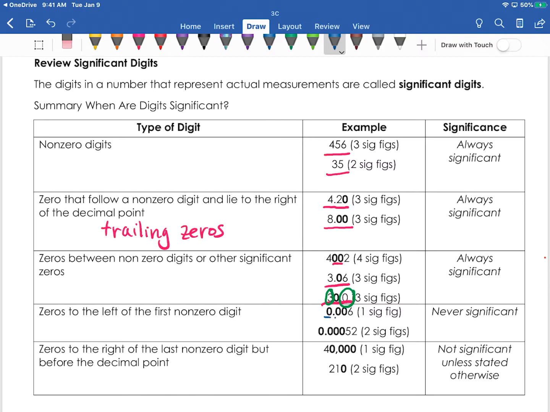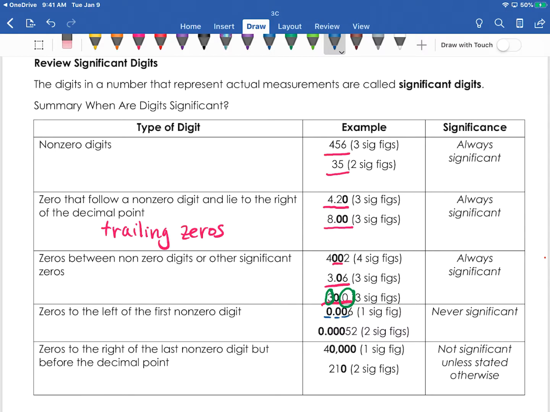These zeros right here that I just underlined in blue are not significant because it's to the left of a non-zero number, and it's the first non-zero digit. That 6 is the first non-zero digit. So anything to the left of that, if it's a 0, does not count. Those zeros do not fall between two significant digits. So the only significant digit in the case of 0.006 is the 6.